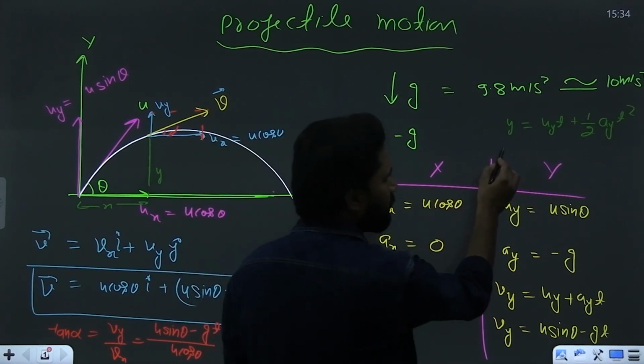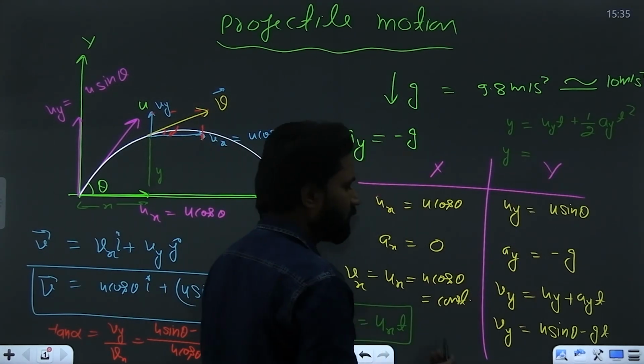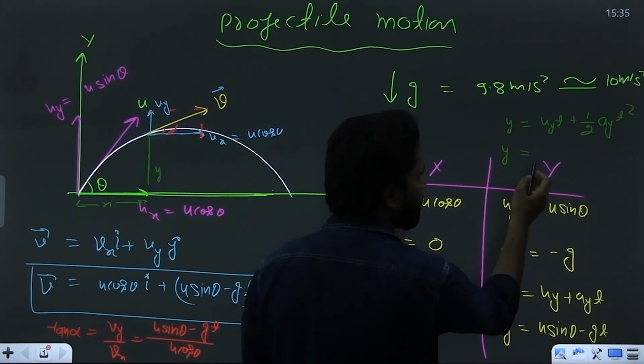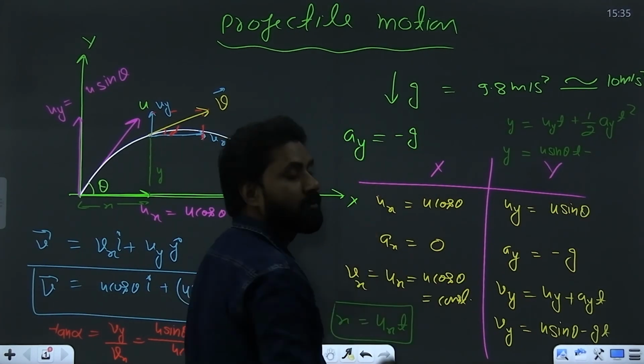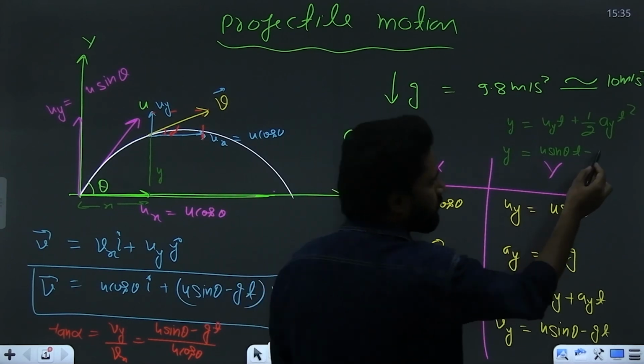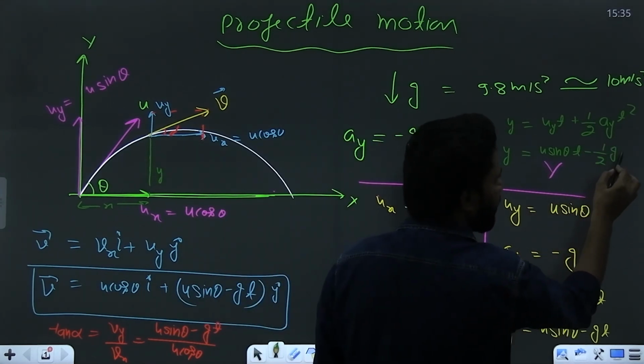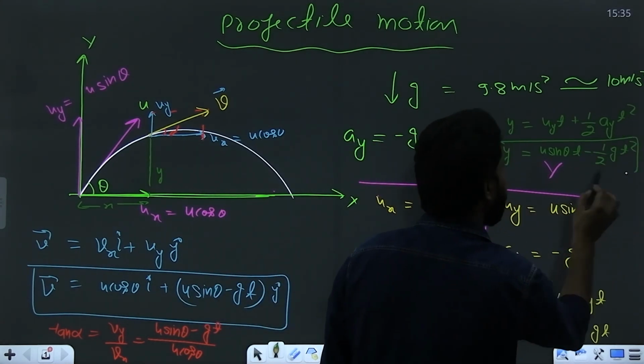Put the value of uy. What is the value of uy? It is u sin theta. So y is equal to u sin theta into t minus half g t square, because the value of ay is equal to minus g. So this is the value of y.